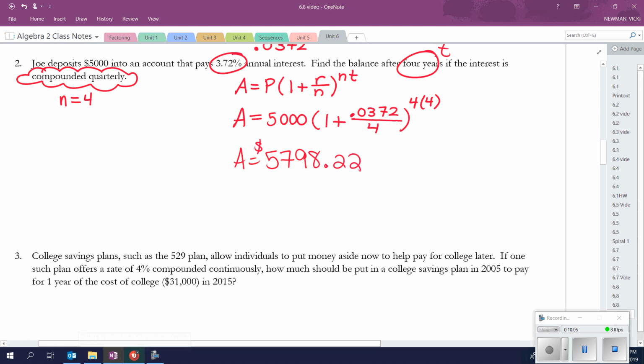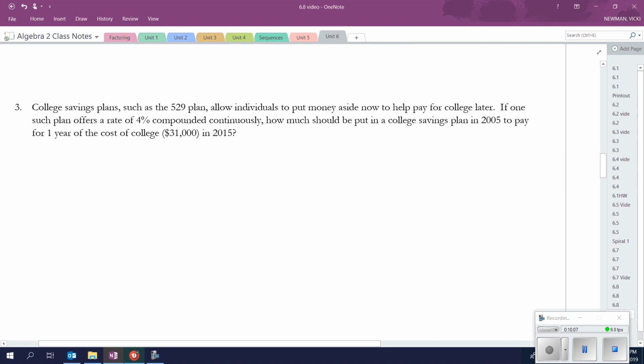Easy peasy. Okay. Now, college savings plans, such as the 529 plan, allow individuals to put money aside now to help pay for college later. Smart. If one such plan offers a rate of 4% compounded continuously, not basic growth, not compounded n times, compounding continuously.